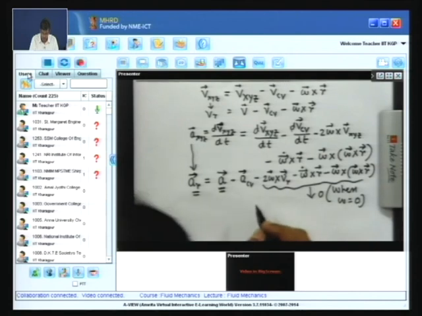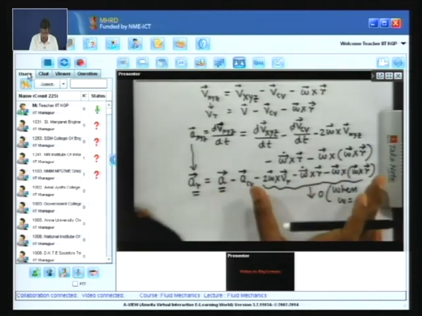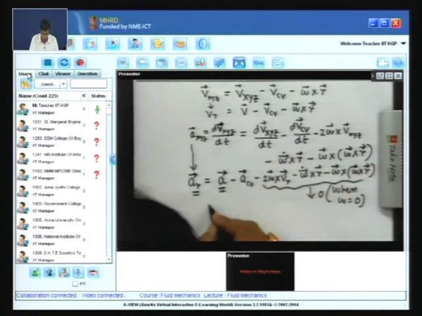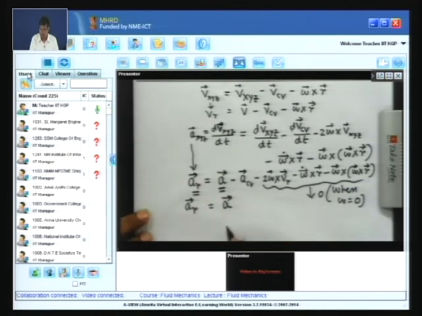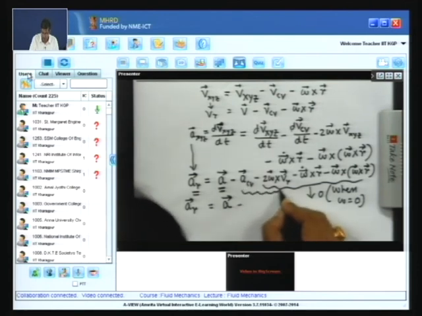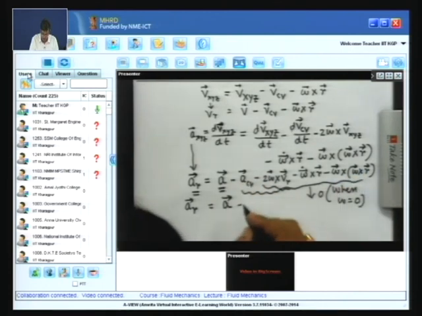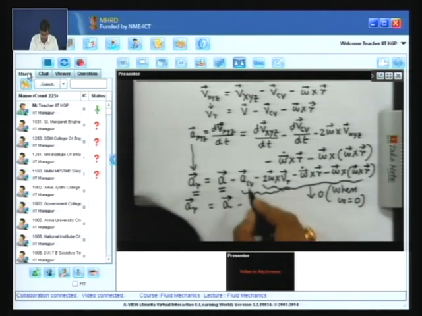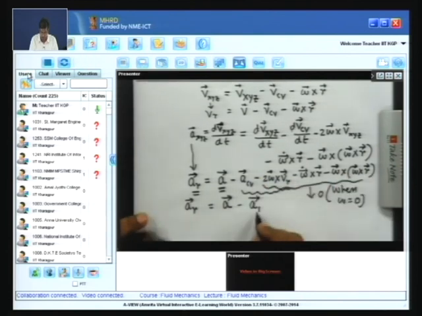But here we have to now replace this. It is very difficult to handle with all these terms. Therefore we write A relative is the absolute acceleration described in the static frame of reference minus all these things together, which we define as A1, a vector.